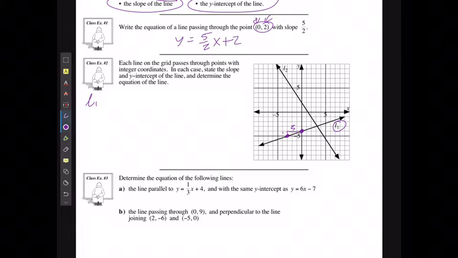So I'm going to say that the slope is going to be 1 over 3, and the y-intercept, or the b value, is going to be negative 4. Which means that line 1 has an equation y is equal to 1 over 3 x minus 4.